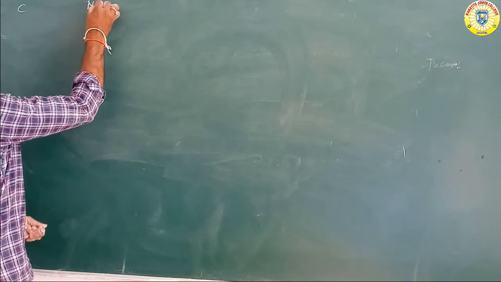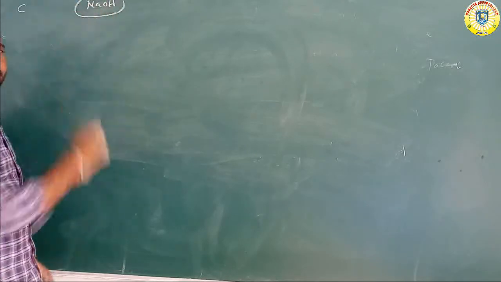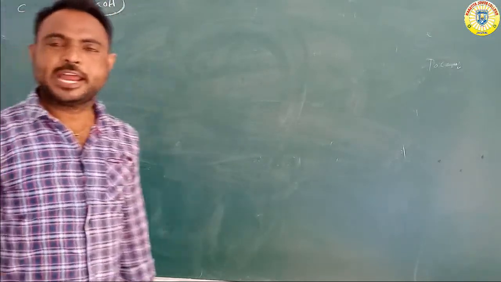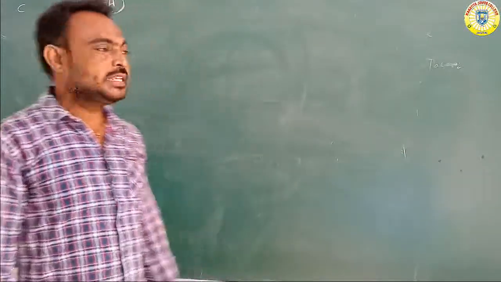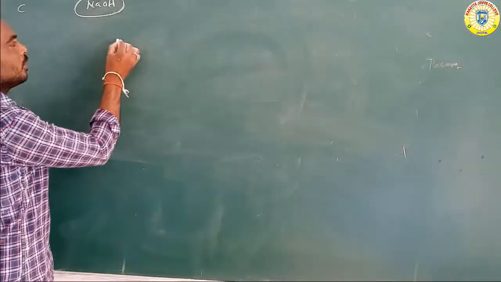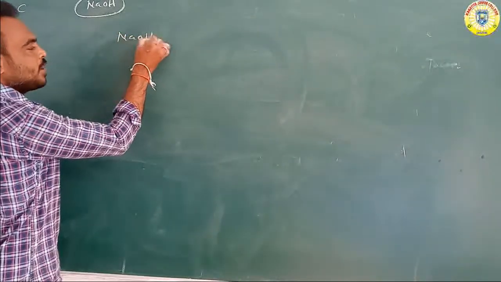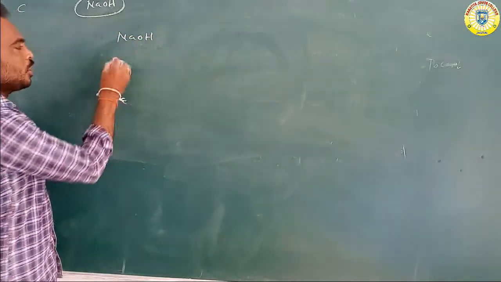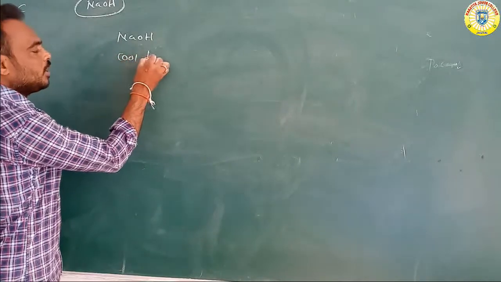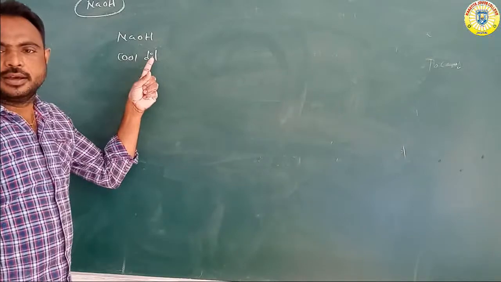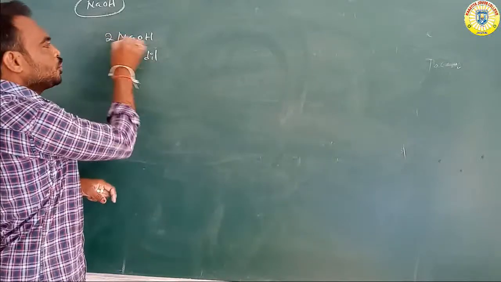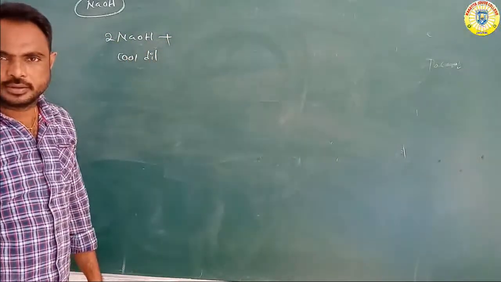Next further, chlorine reacts with sodium hydroxide. Sodium hydroxide. It is a very important reaction. Listen, we take cool and dilute sodium hydroxide.